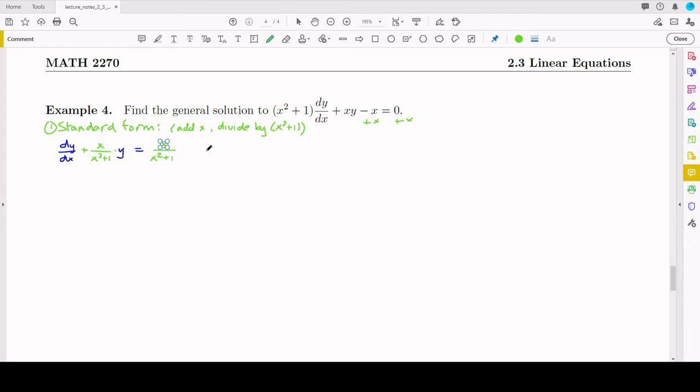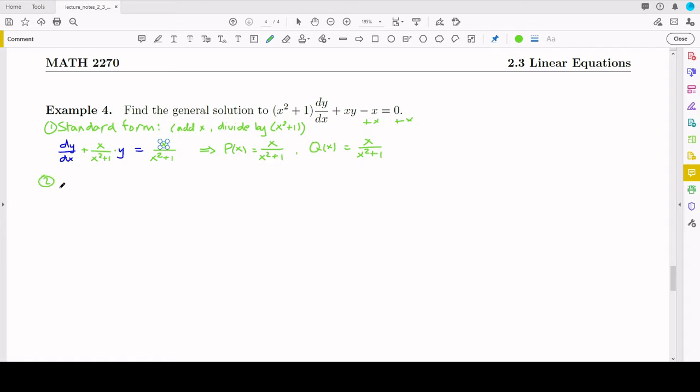So what we have here is that our p of x and q of x are the same. So p of x equals x over x squared plus 1, and q of x is x over x squared plus 1.